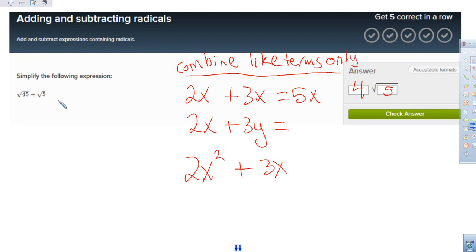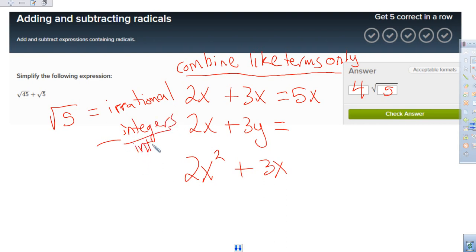Well, these are irrational numbers. The square root of 5 is what we call irrational. What that means is it cannot be expressed as a ratio, right? It cannot be expressed as a ratio. And when we say a ratio, we mean a fraction, okay, with actual integers in the numerator and in the denominator.